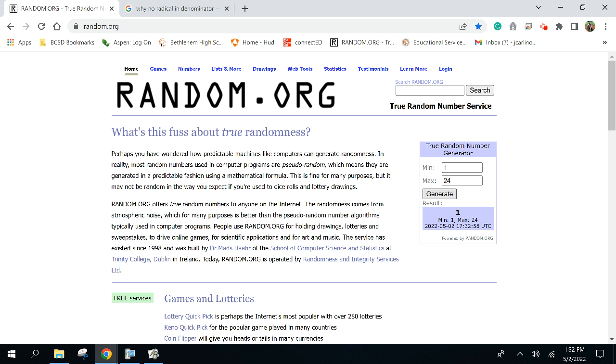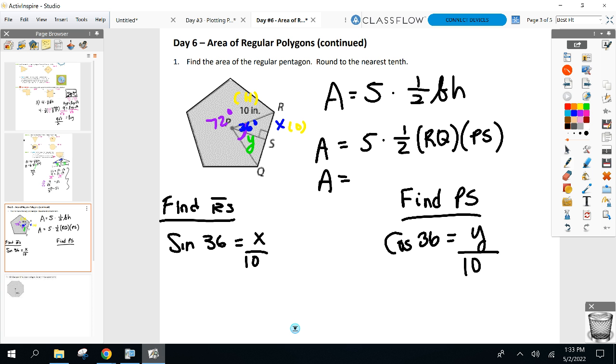What do we got for the area here? Meg, when you're ready. Doing all your calculations to the nearest 10th. Darn right. All good? Any issues?